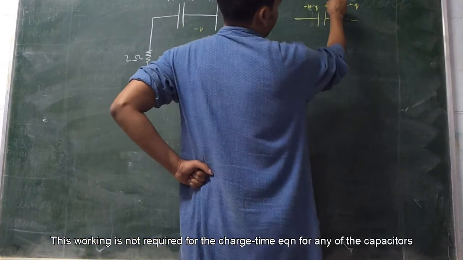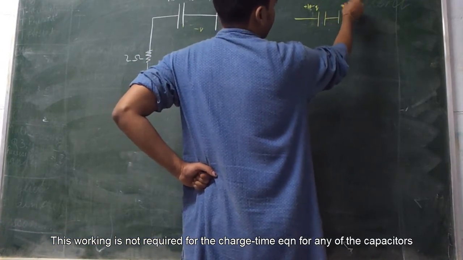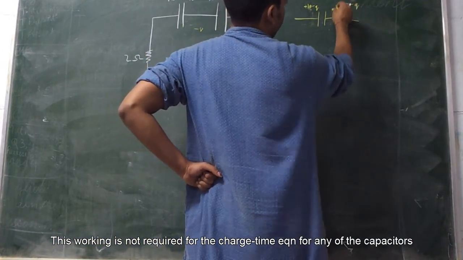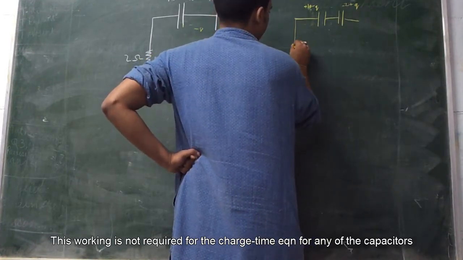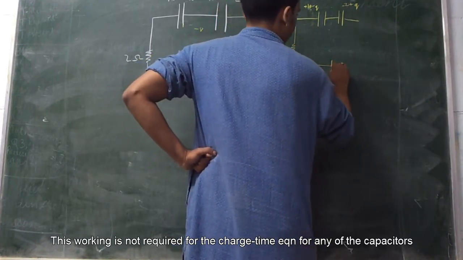This is minus 10 plus q over here, and this is plus 2 minus q over there, hence it is minus 8 inside.